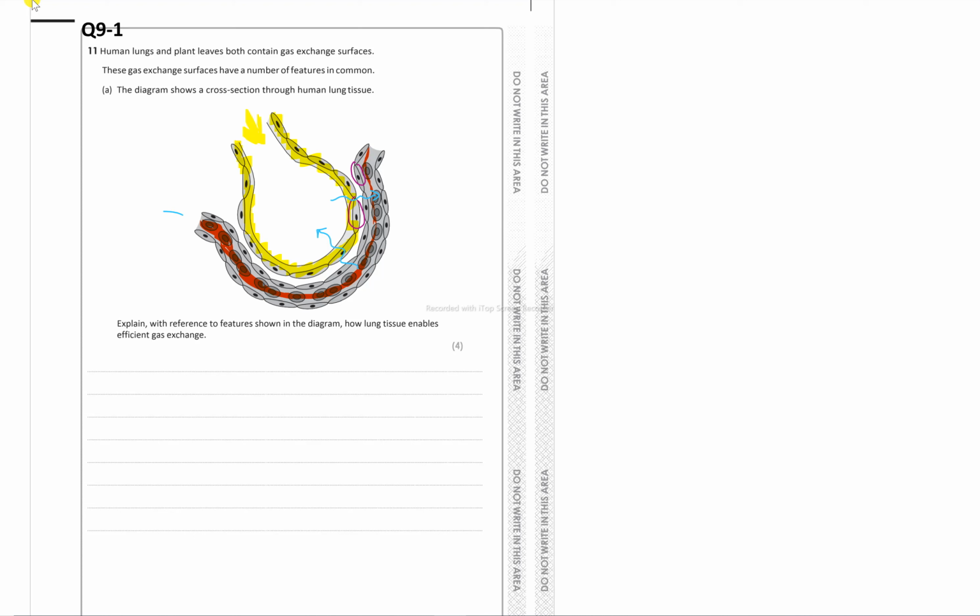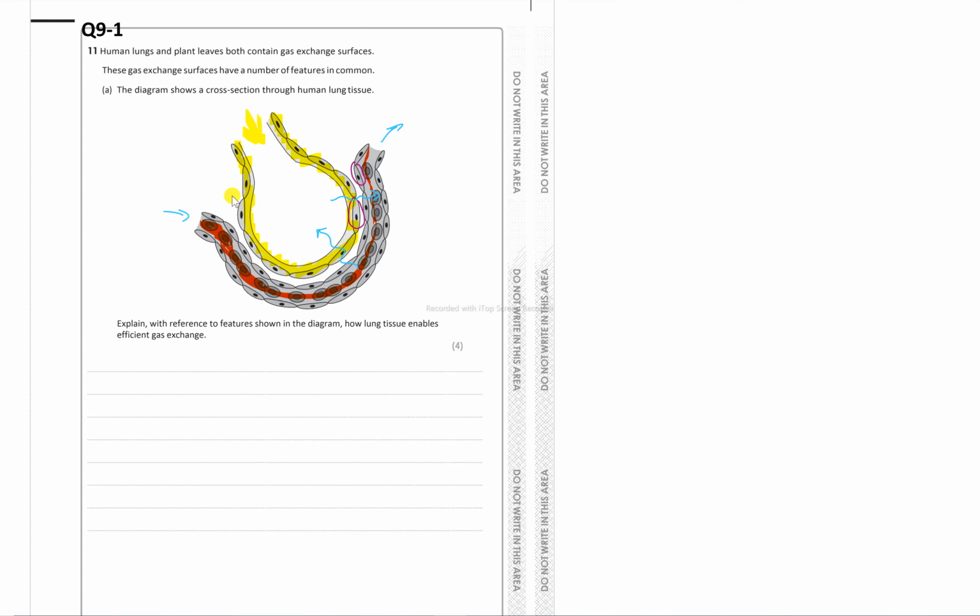You've also got flowing blood which maintains the concentration gradient. So explain with reference to features shown in the diagram how lung tissue enables efficient gas exchange.